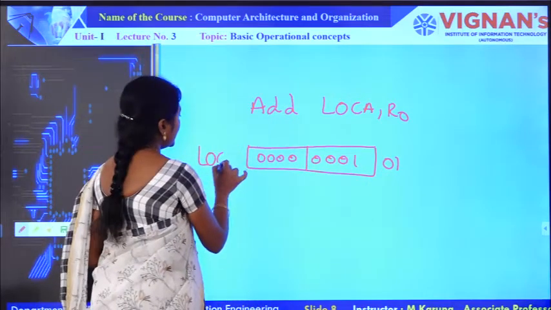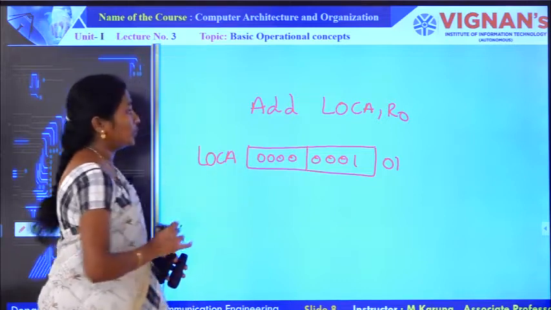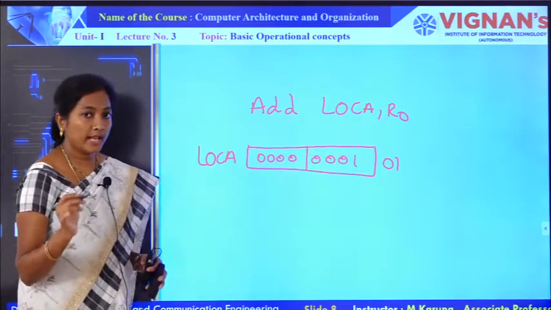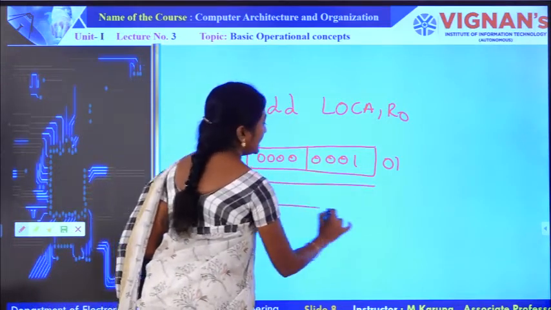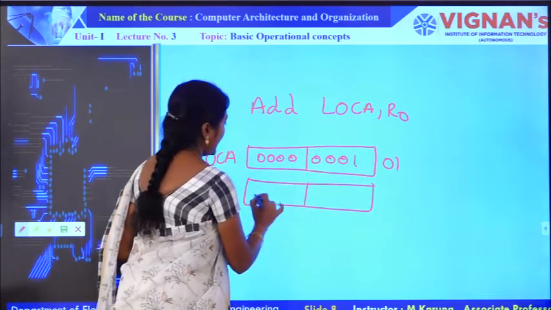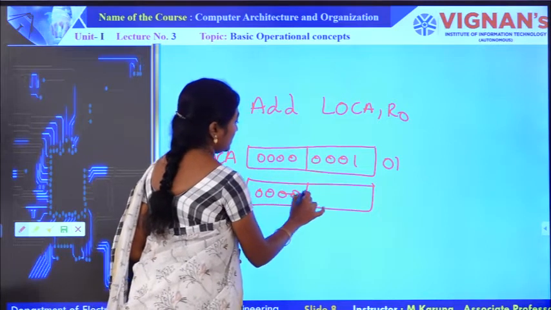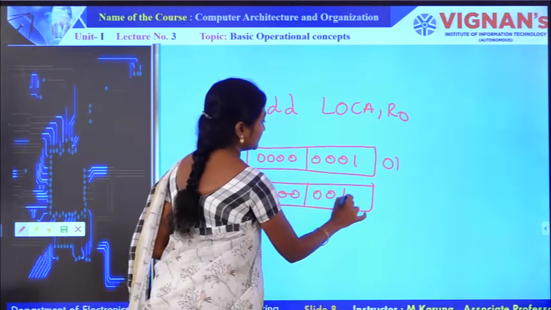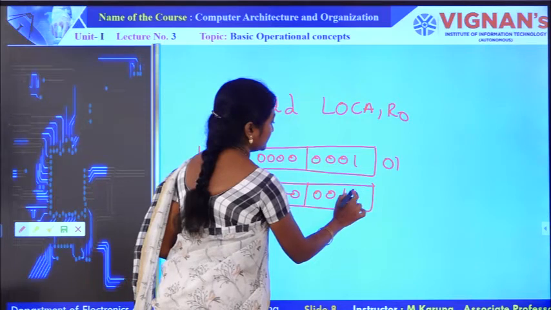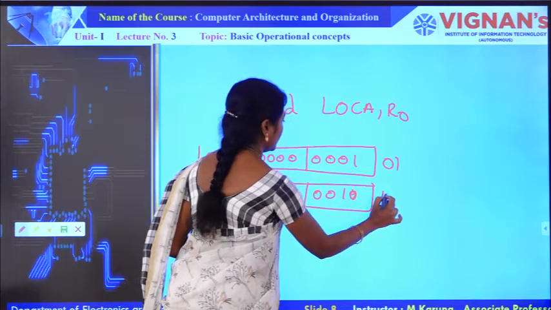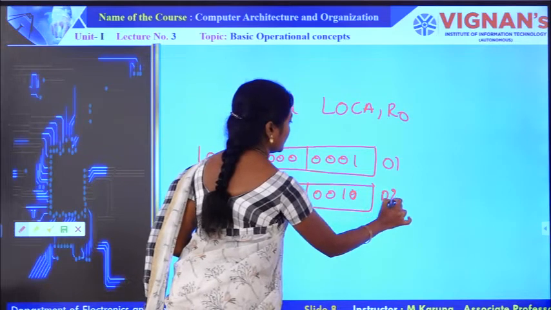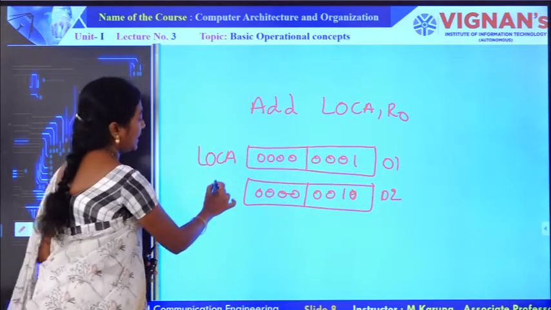That memory location is assigned with some label LOCA, and another data is available in R0.